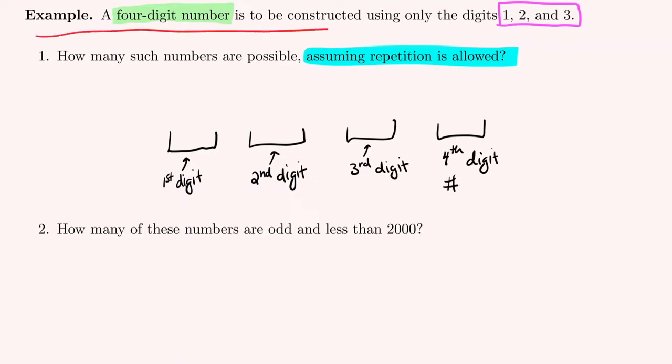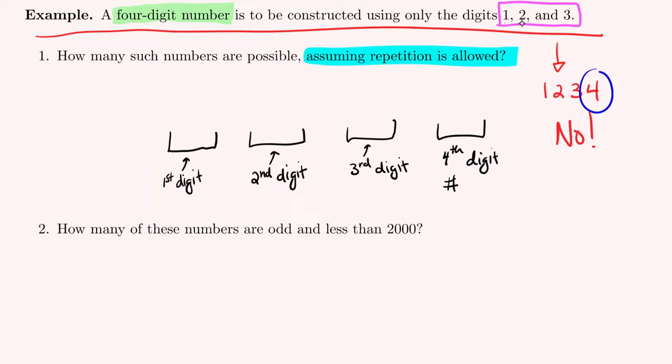Now, keeping in mind how this was phrased with what I've underlined in red, would this be an appropriate choice of a 4-digit number? Is this a possible example? No. The problem here lies in the fourth digit, 4. I was told I could only use the digits 1, 2, or 3.